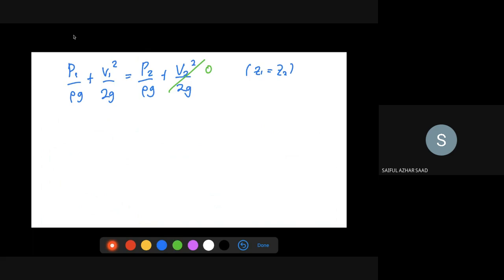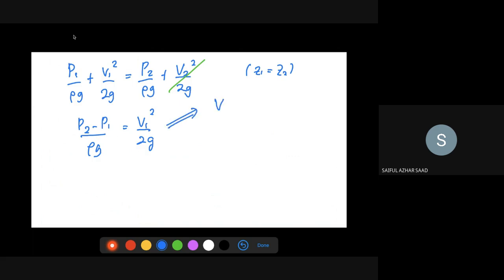So what I am left with here is P1 minus P2 over rho G equals, sorry, cannot do that, so rearrange everything. Now I have P2 minus P1 over rho G equals V1 squared over 2G. Let's say I want to find the velocity.